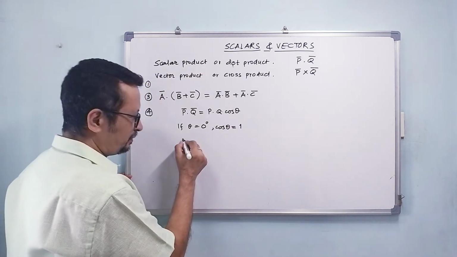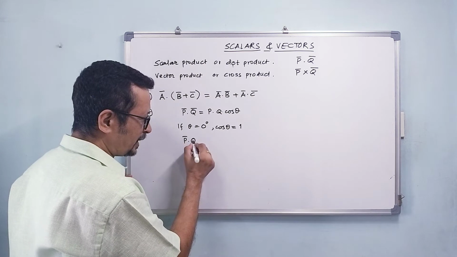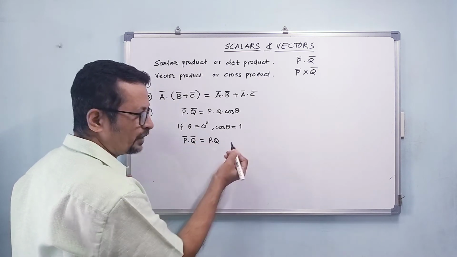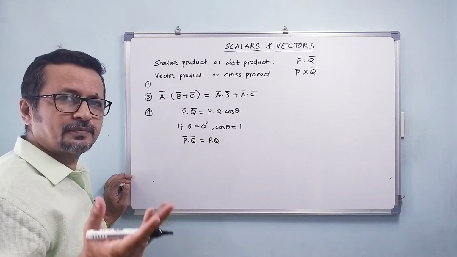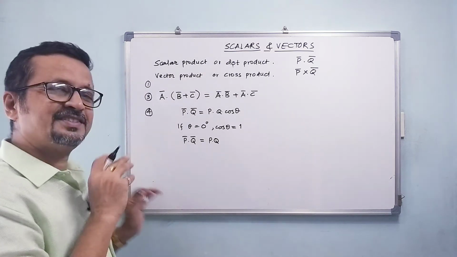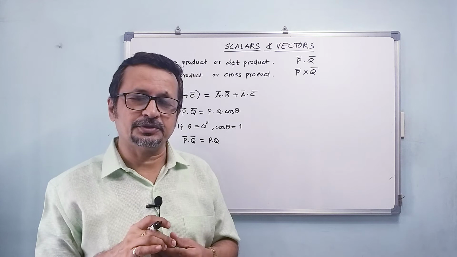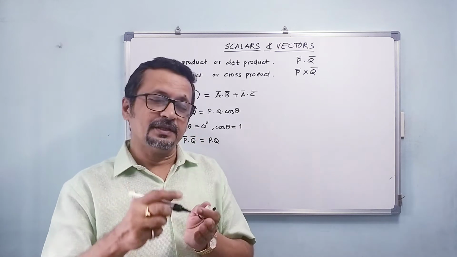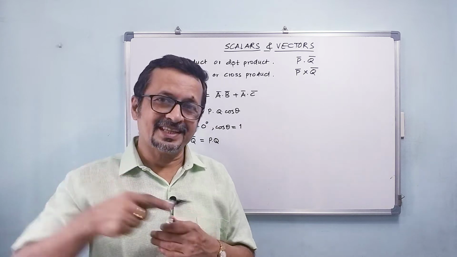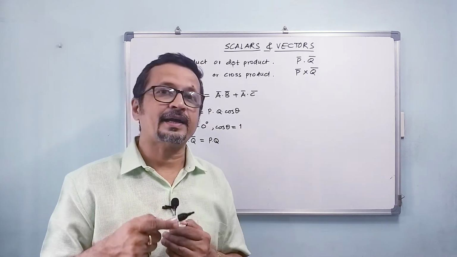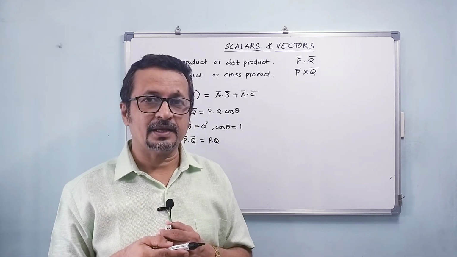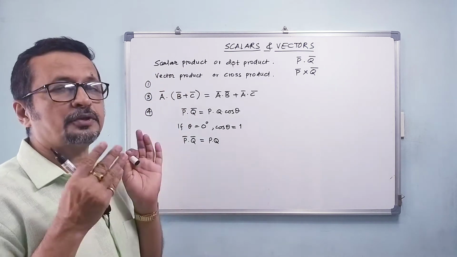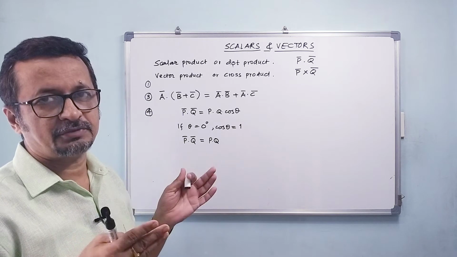Then P bar dot Q bar will be P into Q into 1, which is equal to PQ. So it would be simply the product of the magnitudes of the two vectors. That means when two vectors act along the same line of action, or act parallelly, the scalar product is equal to the product of the individual magnitudes.